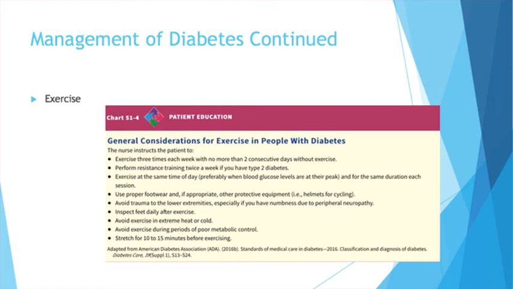Avoid exercising in the extreme heat or cold. So for someone living in Minnesota, they should be exercising indoors right now, right? Then avoid exercise during periods of poor metabolic control, and then teaching them to stretch or warm up basically 10 to 15 minutes before they start to exercise.